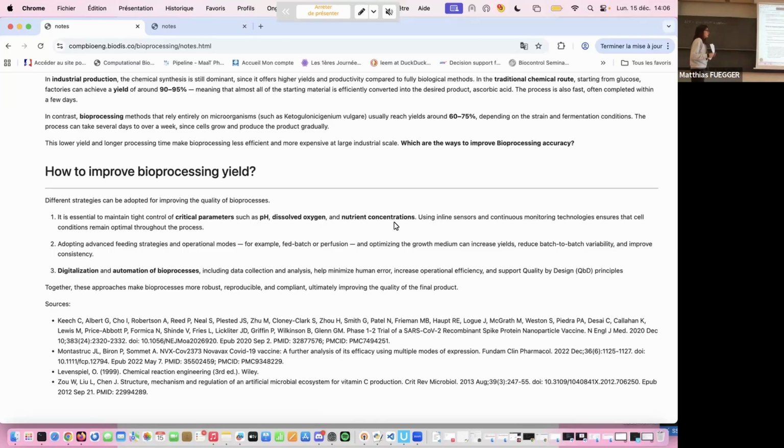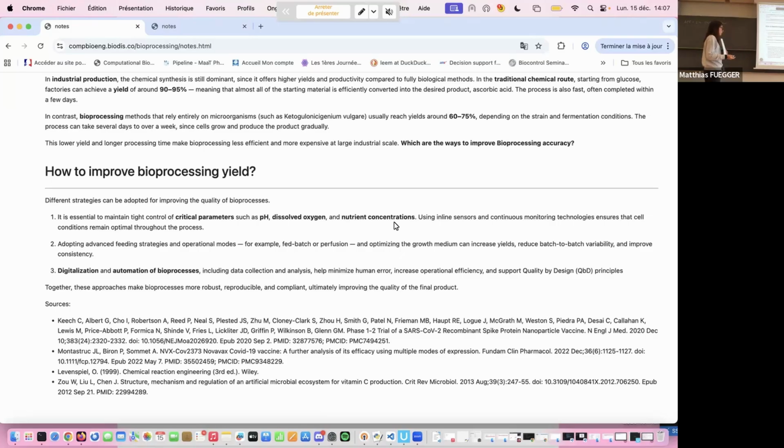What we can do is for sure to have a strict control on the critical parameters inside the bioreactor, which allows us to adjust the feeding strategies in order to have inside the bioreactor always, or as long as possible, the optimal conditions for the bioreaction that is happening inside it.